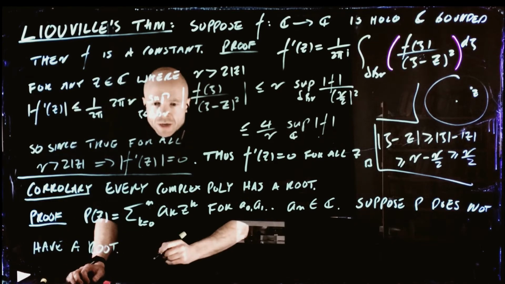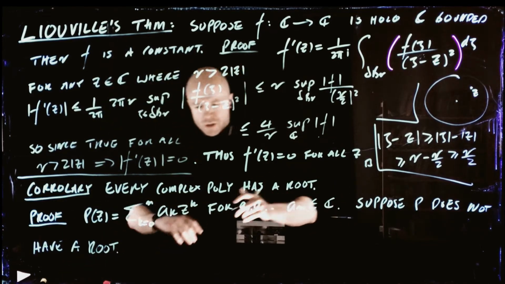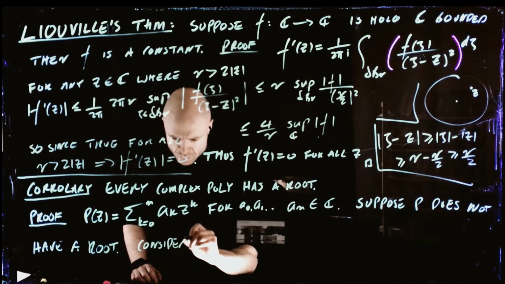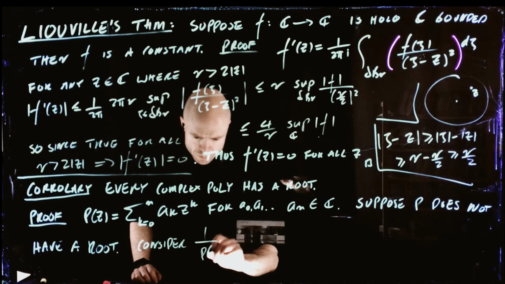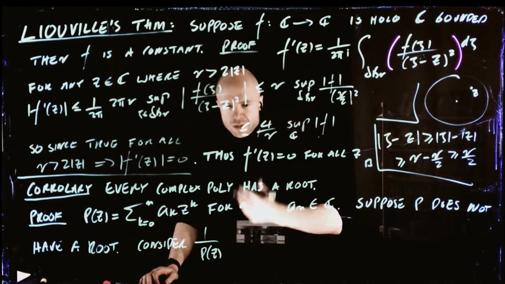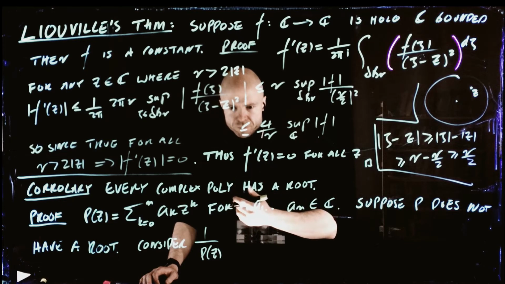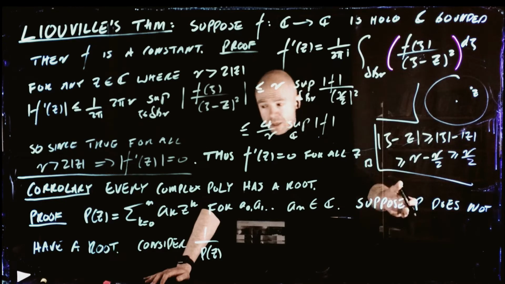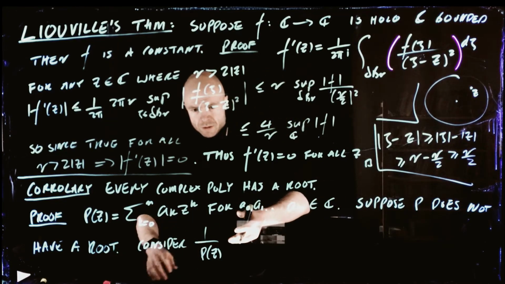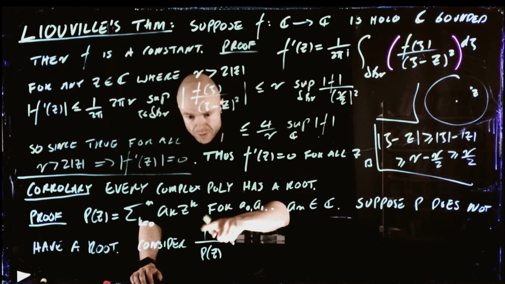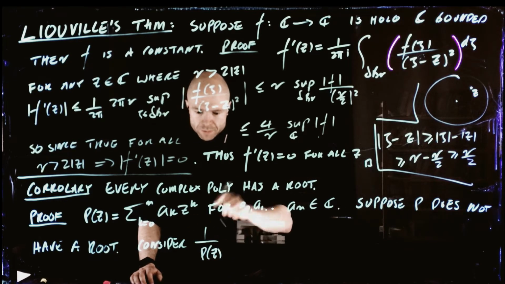So this is the idea. We're going to consider 1 over P of z. And we will show that this thing is a bounded holomorphic function. So the first thing to note is that since P of z is never equal to 0, this thing is complex differentiable for every single z, so it is in itself a holomorphic function.